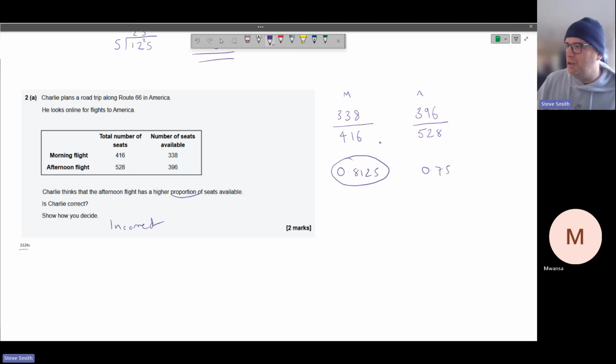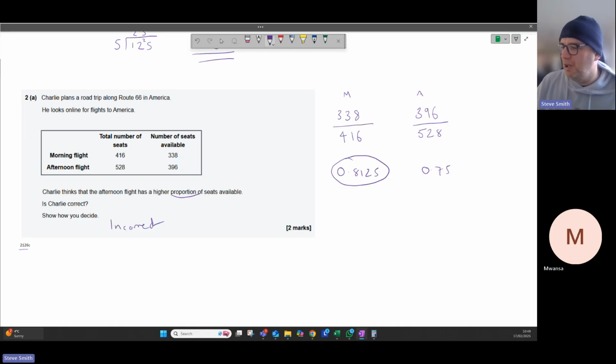If we looked at those two fractions, again, we could divide them both by 2. But for me to change them both into the same denominator, I'm thinking, wow, where would you start?